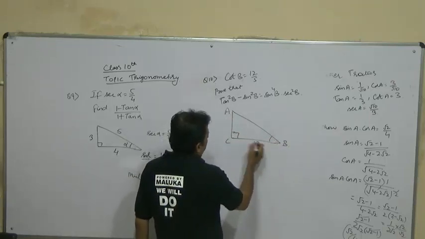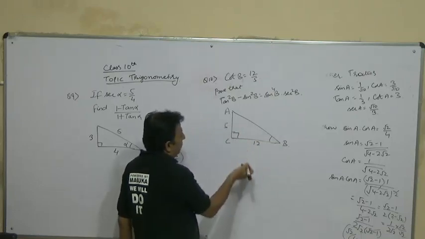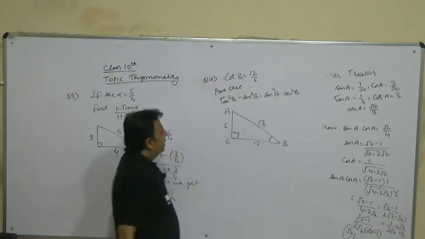So this is 12 upon 5, base upon perpendicular, and hypotenuse turns out to be 13.